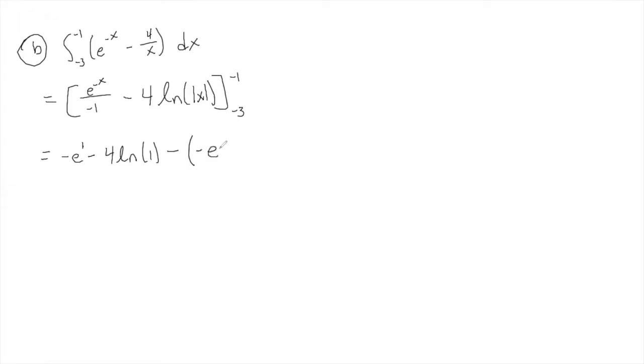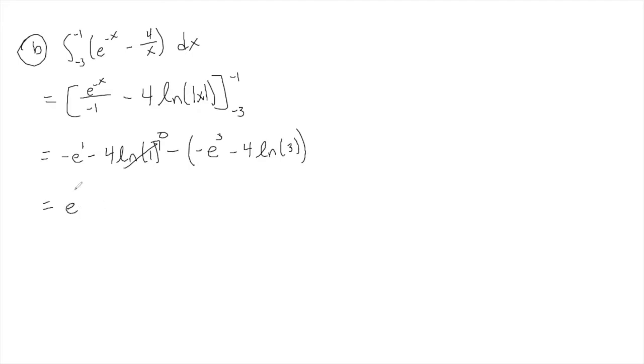So I get negative e to the third minus 4 ln of 3. Remember, ln of 1 is 0. So I get a plus e cubed, and a plus 4 ln of 3.